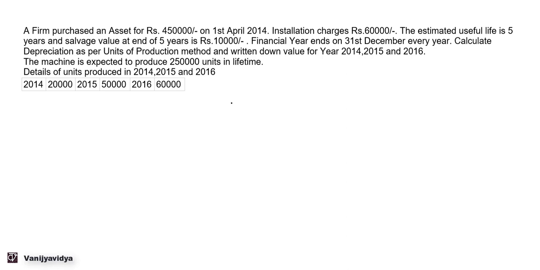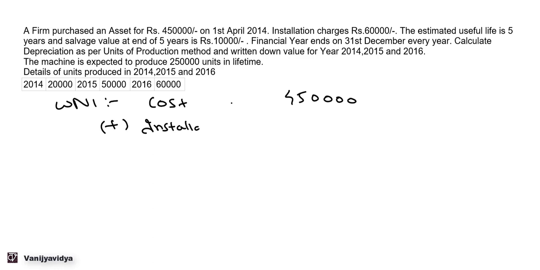So first let us calculate what is the depreciable amount. The depreciable amount will be your cost, that is 4,50,000 is the purchase price, plus installation, that is 60,000.